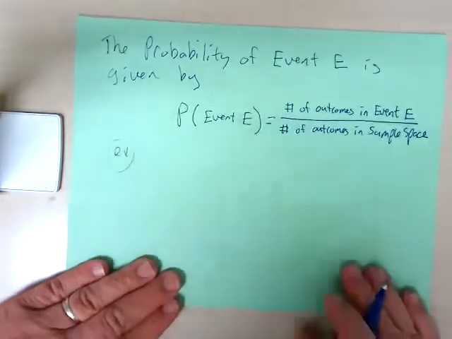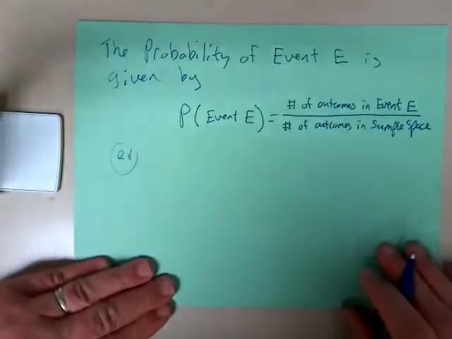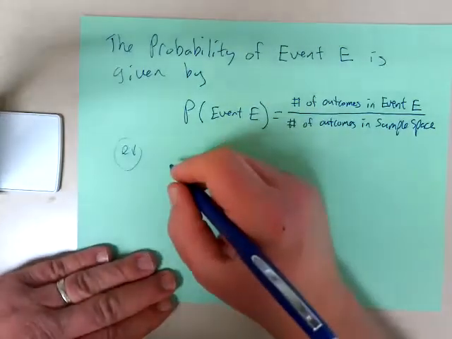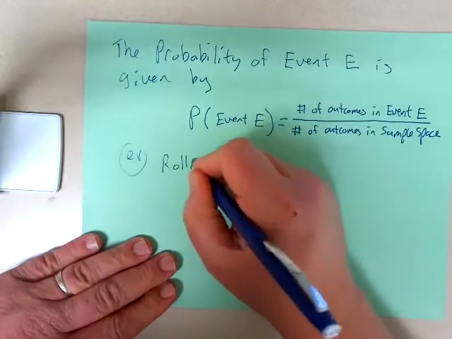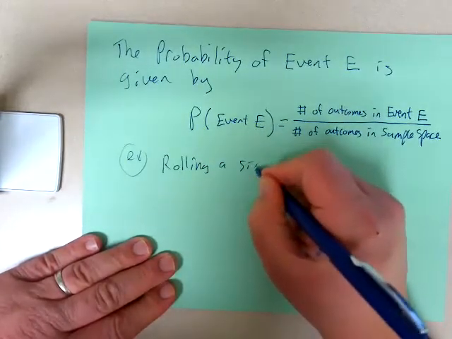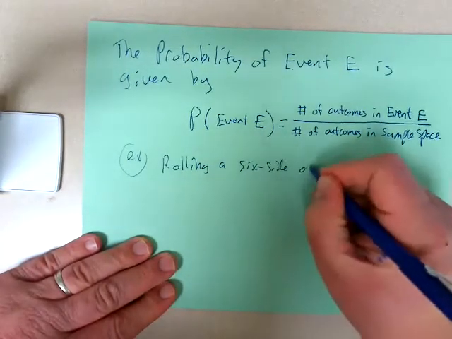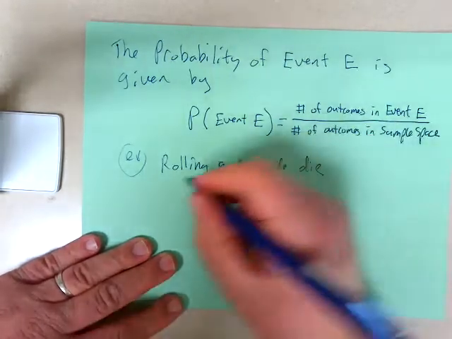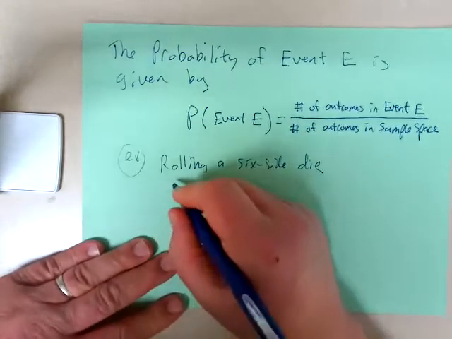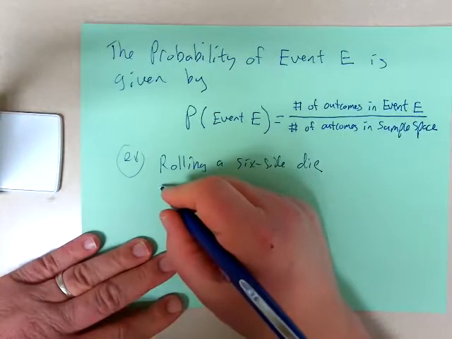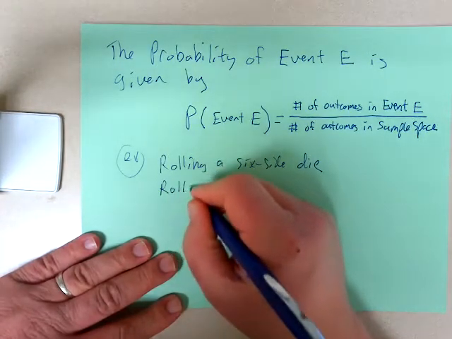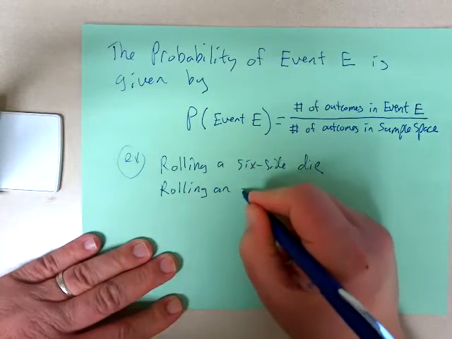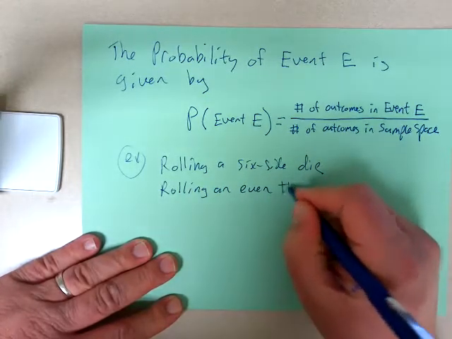Okay, so for example, you could have the experiment is rolling a 6-sided die, and you want to find the probability of rolling an even number.